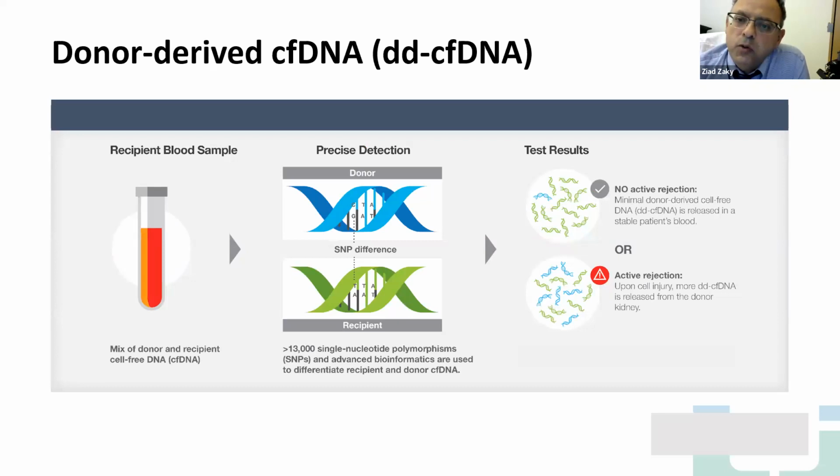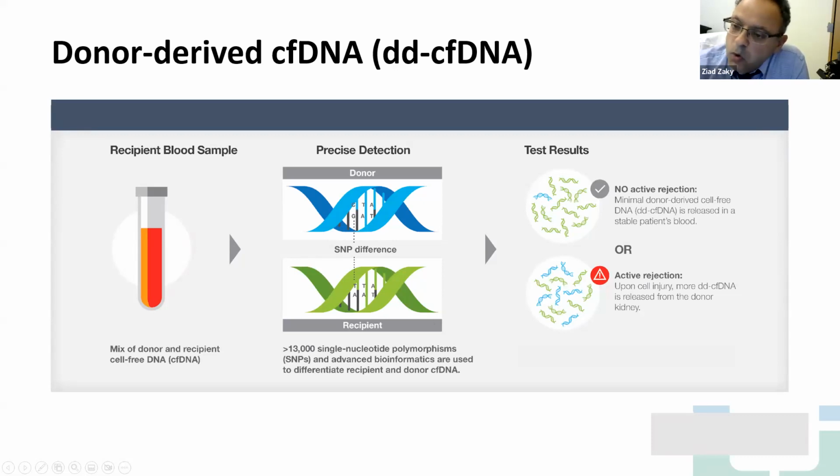And what exactly is donor-derived cell-free DNA? You have the patient DNA, you have the donor DNA, and you want to detect what we call a single nucleotide polymorphism. So you have a donor base pair here that is very similar to the recipient, but when it comes to the cytosine guanine, this base pair is different from the recipient.